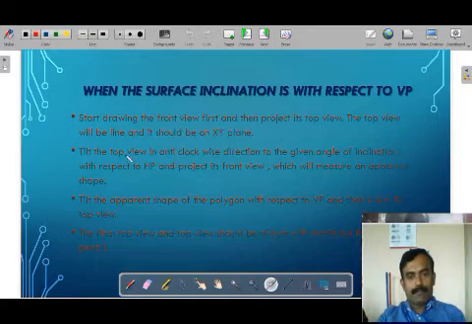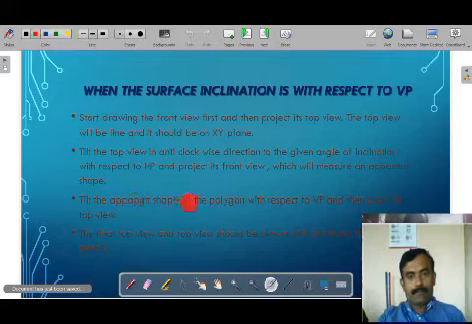Tilt the top view in the anti-clockwise direction to the given angle of inclination and project its front view, which will give the apparent shape. Tilt the apparent shape of the polygon with respect to VP, then draw its front view. The final top view and front view should be drawn with the help of a continuous thick line.